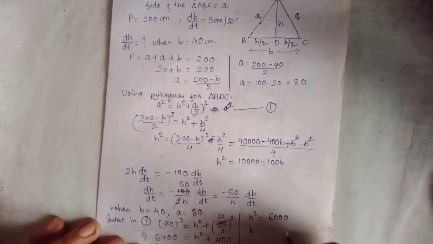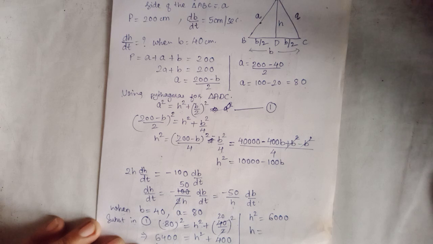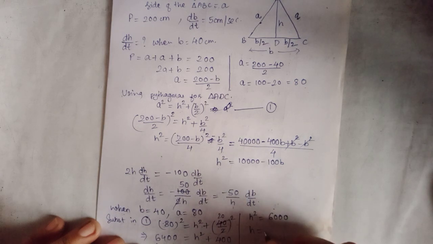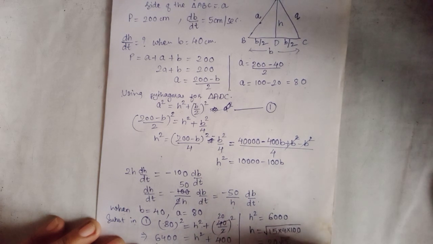Okay, so h is root of 6000. So we can write this as root of 15 times 400, so 20 and 2 we can take outside, 20 root 15. Okay, so this is our h.